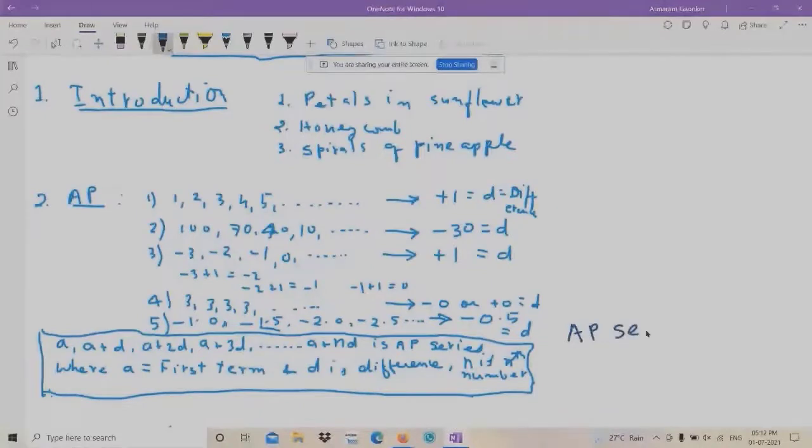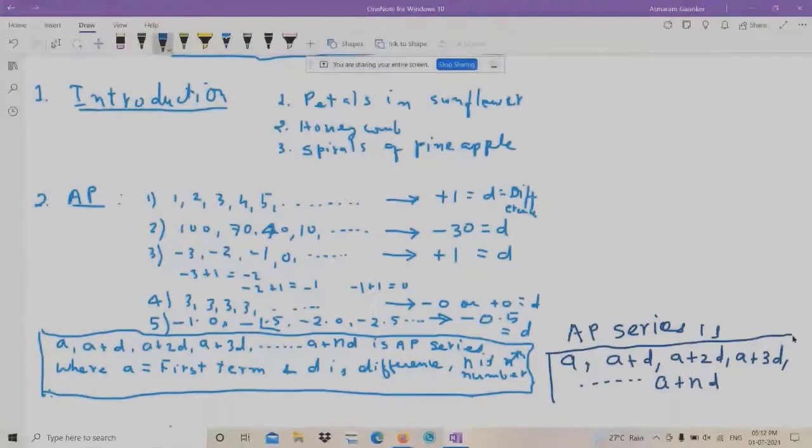AP series is, so the first term is A, the second term is A plus difference, the third term is A plus twice difference, and this goes on till A plus n difference, and this is the series. And you have to remember this series, this becomes one formula.